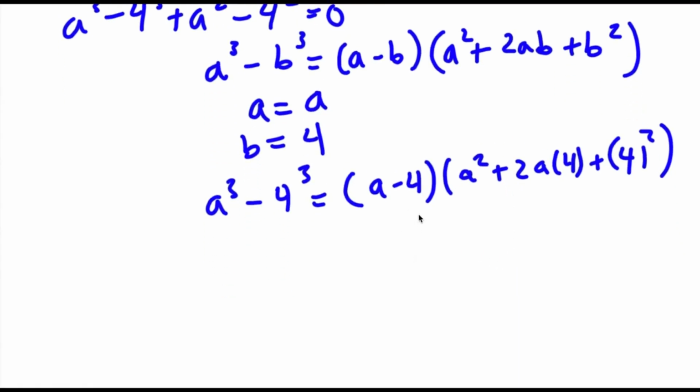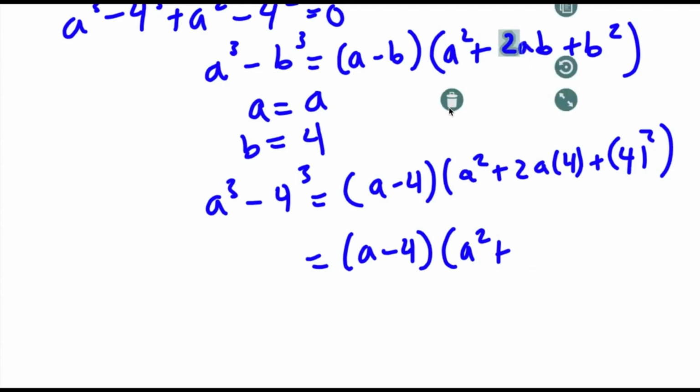Now we can go ahead and simplify this a little bit. This would equal a minus 4 times a squared plus 2 times 4, that is equal to 8. Oops, sorry, it looks like I made a mistake. This is not 2ab, this is simply just ab.